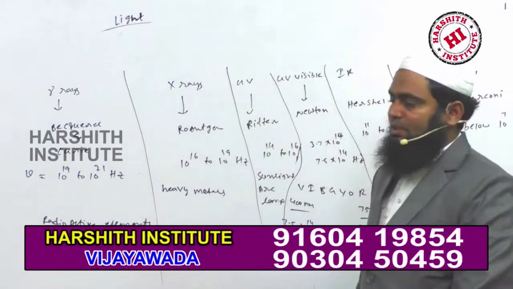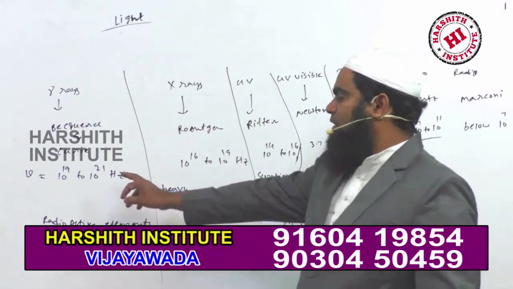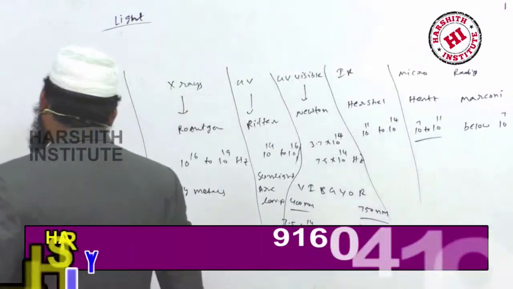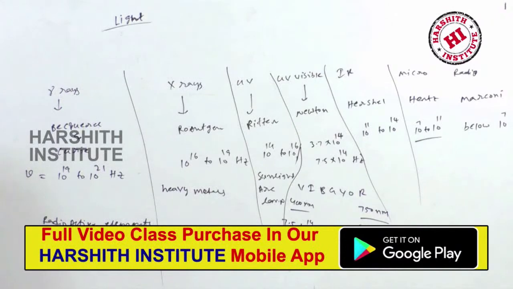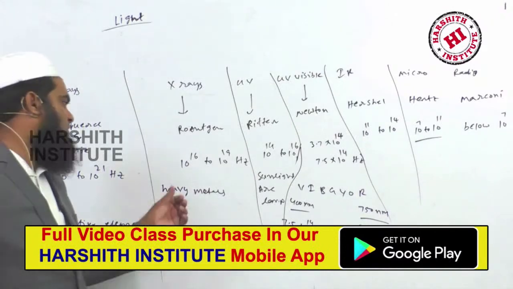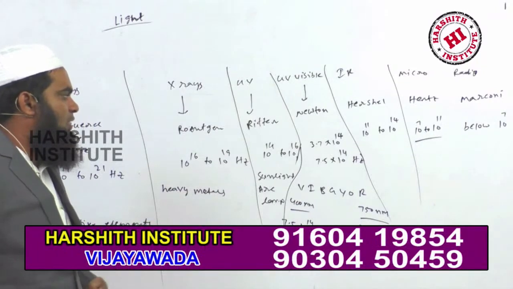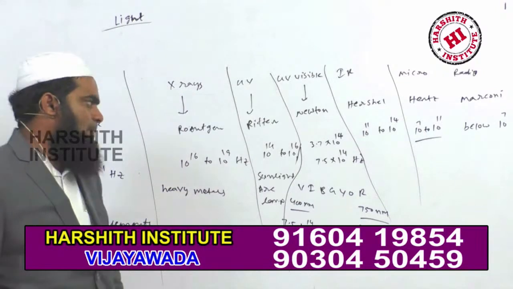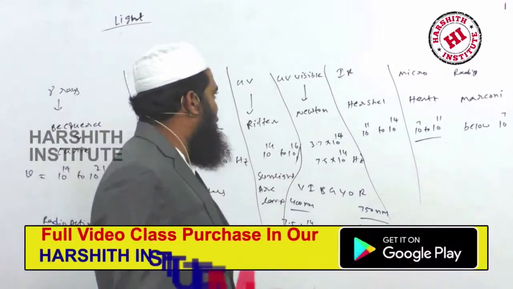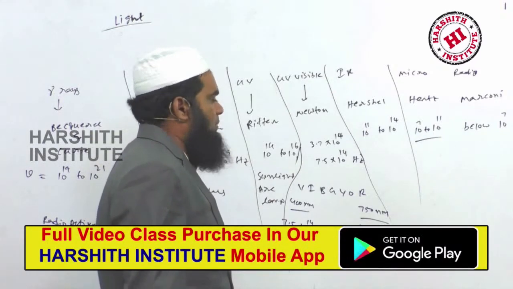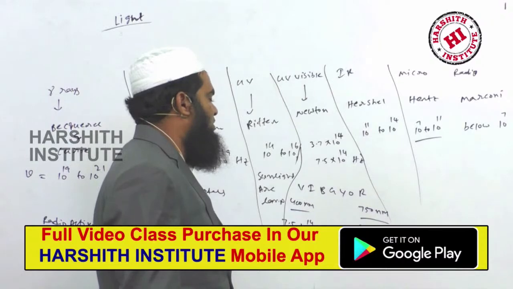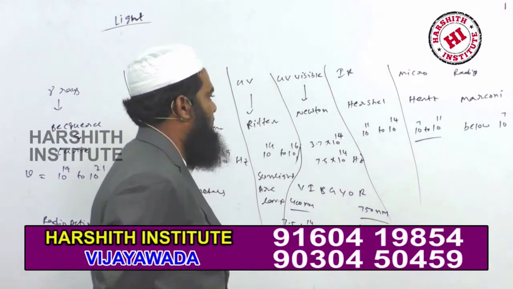The frequency of gamma rays is 10 power 19 to 10 power 21 hertz. X-rays are 10 power 16 to 10 power 19. UV rays are 10 power 14 to 10 power 16. Visible light is 3.7 into 10 power 14 to 7.5 into 10 power 14.